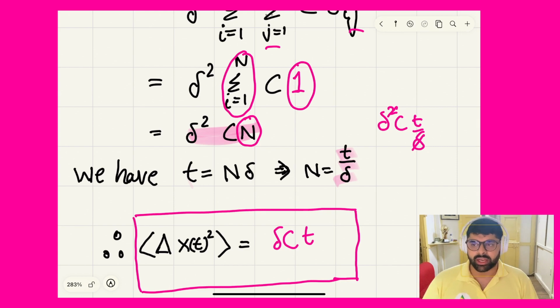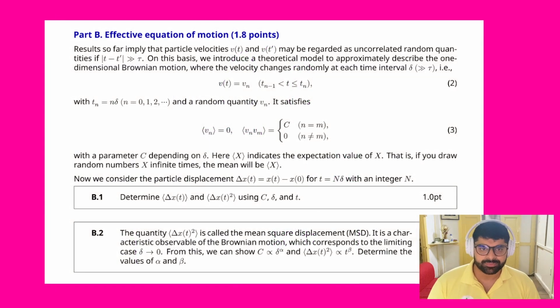Now let's look at the second part of the question. The second part states that the expectation value of delta x squared is called the mean square displacement. It is a characteristic observable of Brownian motion, which corresponds to the limiting case delta goes to 0.